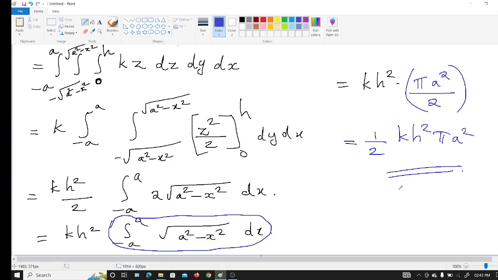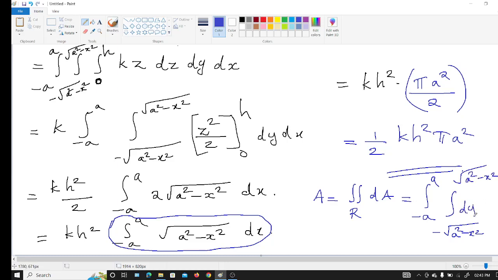This is the mass of G. Here the area equals the double integral of dA over R, which is the integral from minus a to a, the integral from minus square root of a square minus x square to root of a square minus x square, dy dx.